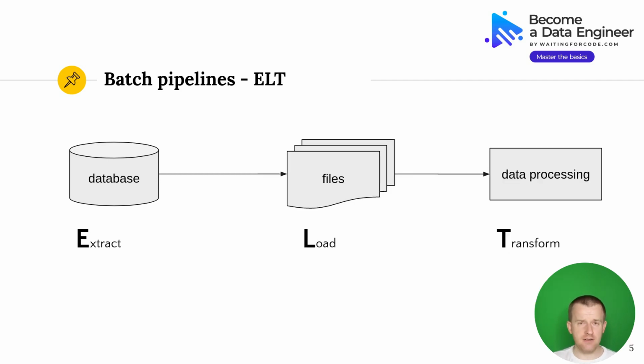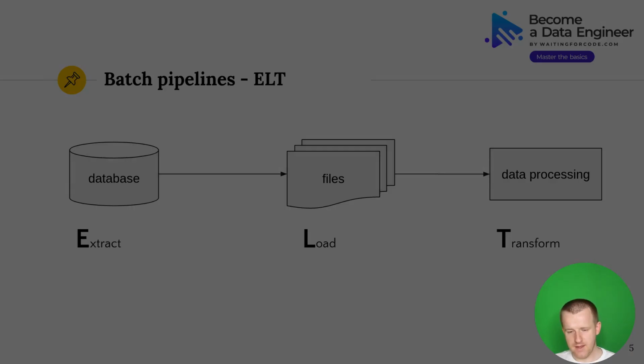But ETL is not the single paradigm you may use. You may also use something a bit different, which is ELT, extract, load, and transform, where you can see we invert the transform and load steps. In other words, we are loading data first to the destination, and later we are applying the data transformation logic directly on top of this data.